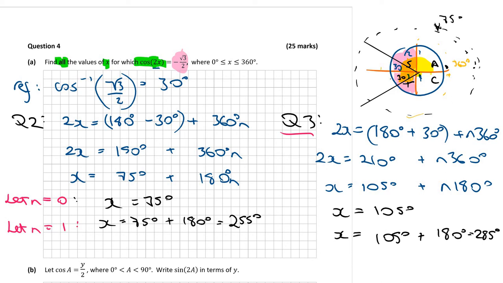So the 4 values of x are 75 degrees, 105 degrees, 255 degrees, or 285 degrees. So what we're going to do now is have a look at the next question.